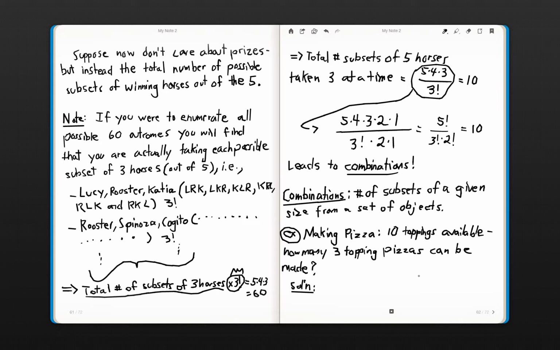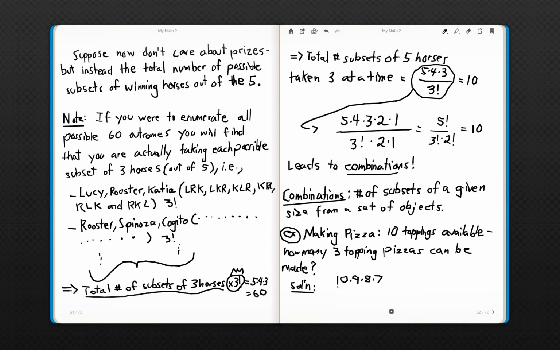So to use a similar derivation as we did here, you can think of it as, first of all, counting, if order actually did matter, the number of ways to make the pizza. Okay, it would be 10 times 9 times 8, which is a permutation, which of course again takes into account order.